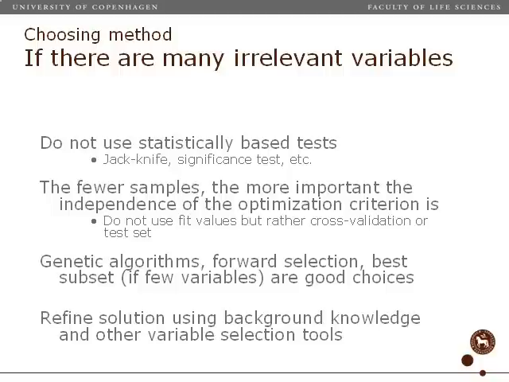If you are in a situation where you have many irrelevant variables, and by this is meant that you're not able to build a model on the raw data, then you should never use statistically based tests, jackknifing, significance tests, etc. And the fewer samples you have, the more important it is what kind of quality criterion you use.